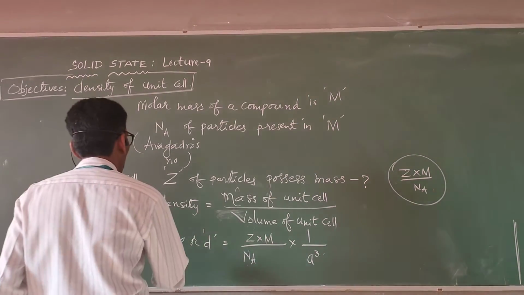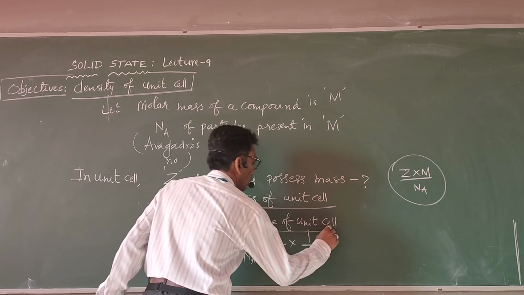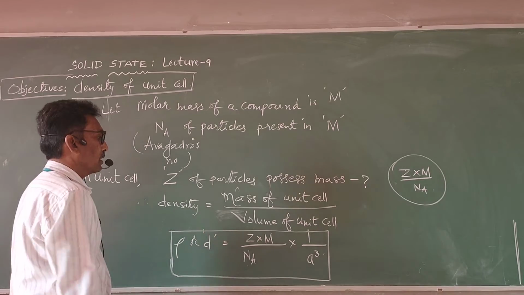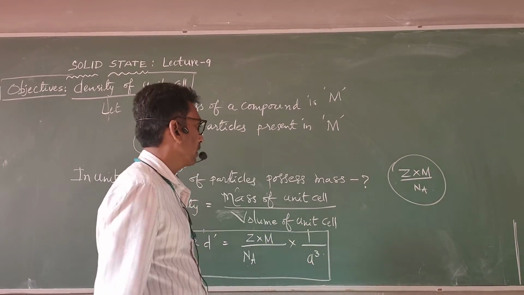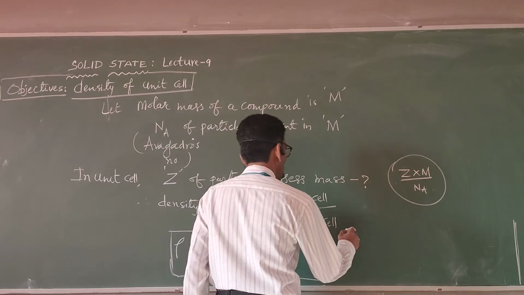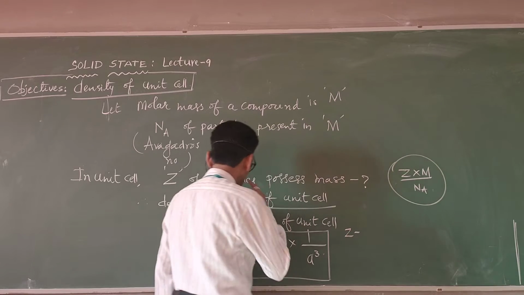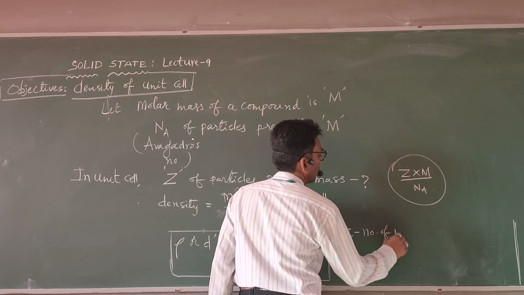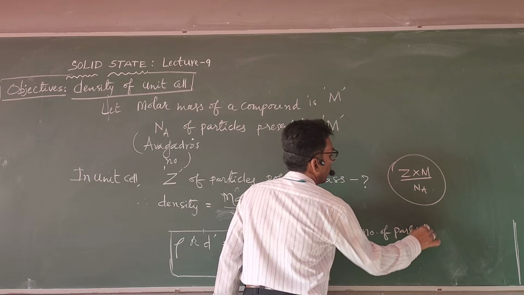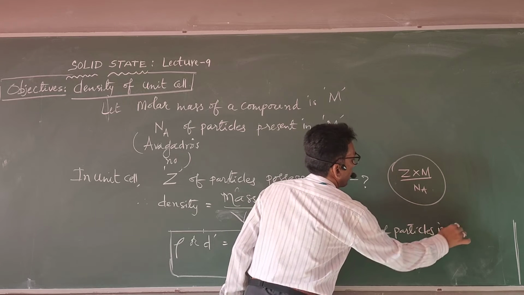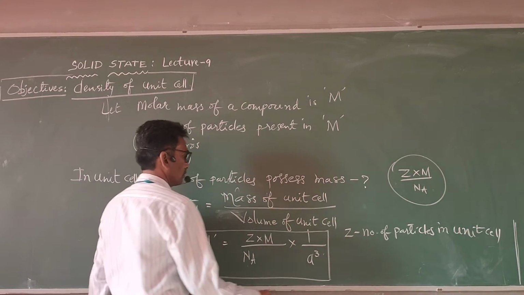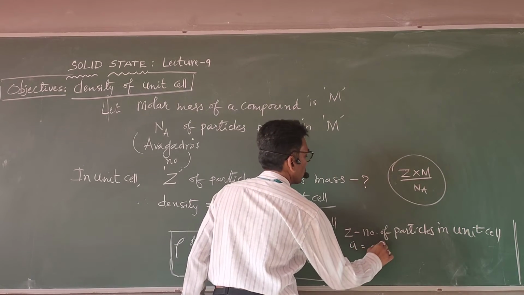So this is the formula which is useful in this chapter to calculate any one of the variables. Therefore, Z is the number of particles in the unit cell. Next, a is the edge length.